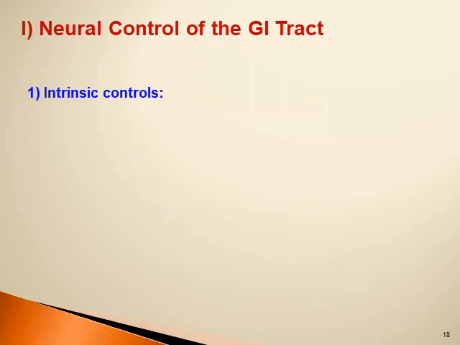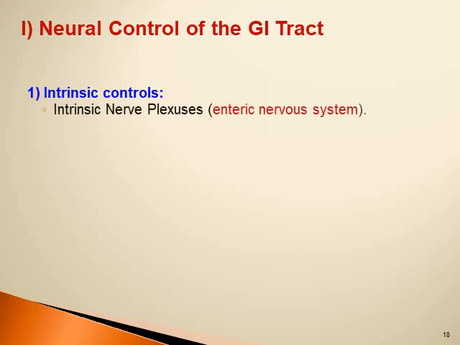The neural regulation of the GIT is via intrinsic control, and this is performed under the control of intrinsic nerve plexuses, and we call these intrinsic nerve plexuses the enteric nervous system or the nervous system of the alimentary canal. It is also called the gut brain because the total number of neurons in the enteric nervous system is more than the total number of neurons in the spinal cord.